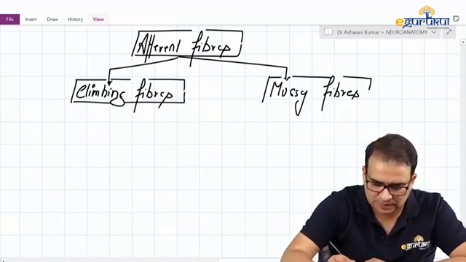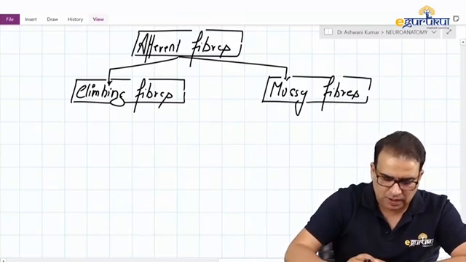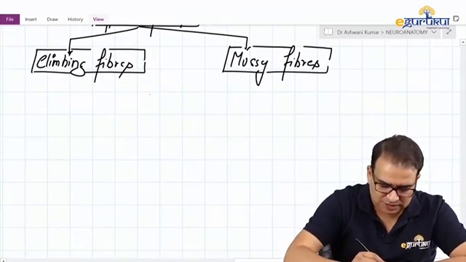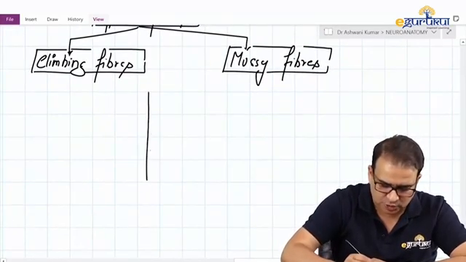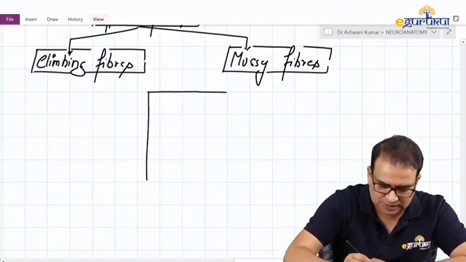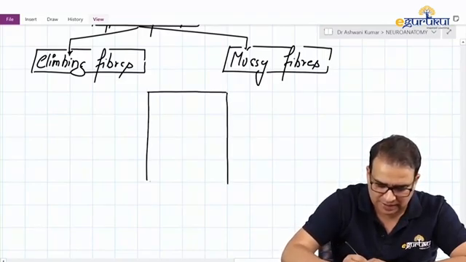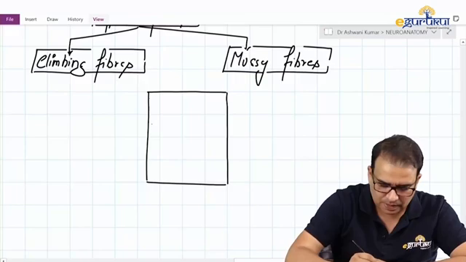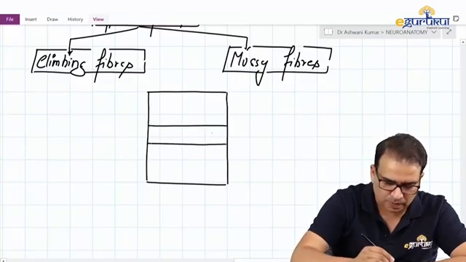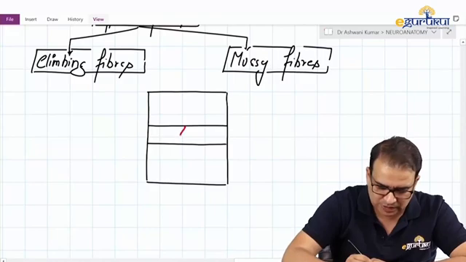See, what's the difference is, if once again I sketch the section of gray matter, let's say again a cerebellar cortex we are looking at with its 3 layers. And once again I'm putting this Purkinje cell, this flask shaped Purkinje cell.